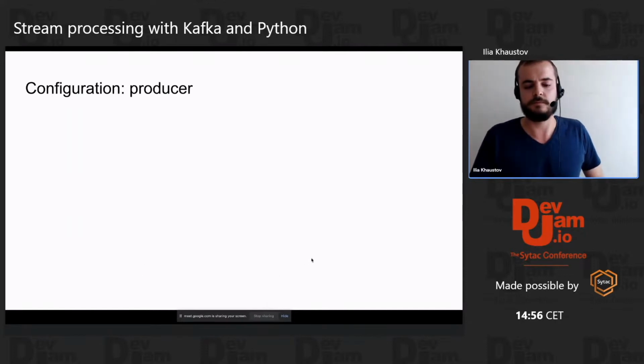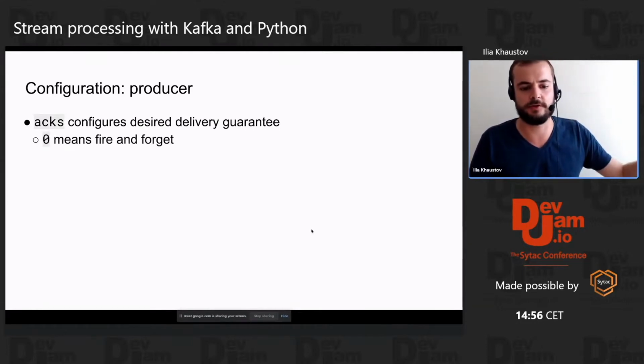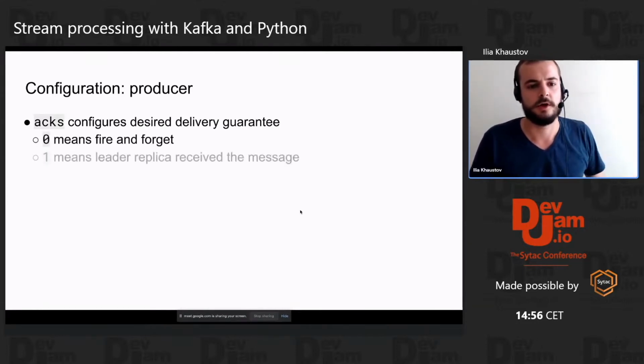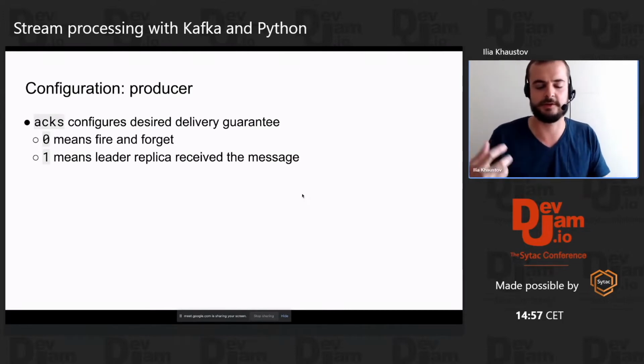Next part is configuration for producer. We talked about fire and forget producers. They are possible, but you can configure how they actually work. One approach is to just send it via socket. As it goes, we forget. But another approach is to wait for the leader replica. Remember those slides with many leaders and non-leaders and replicas and so on.